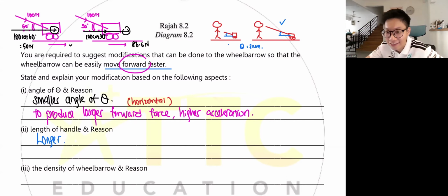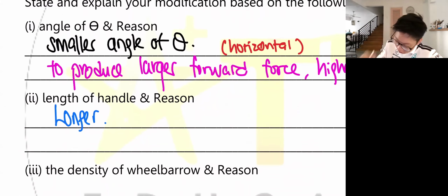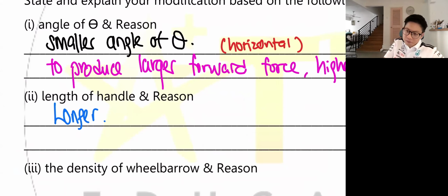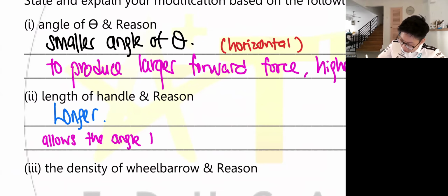Okay, can. Now, okay, so the length of the handle is longer. Therefore, in a way you don't have to bend so low, all right? But it also allows the angle theta to be smaller.